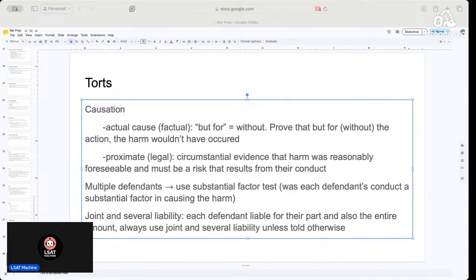So if I remember right, an intervening event is unforeseeable, it breaks the chain of causation. So my example, the mattress falling, I think is kind of unforeseeable.